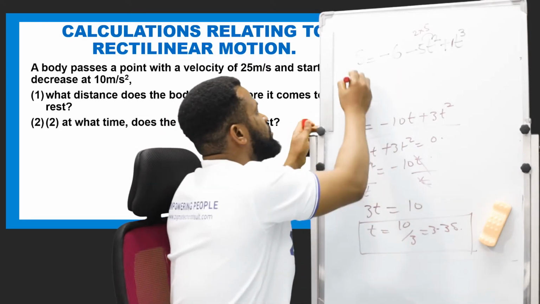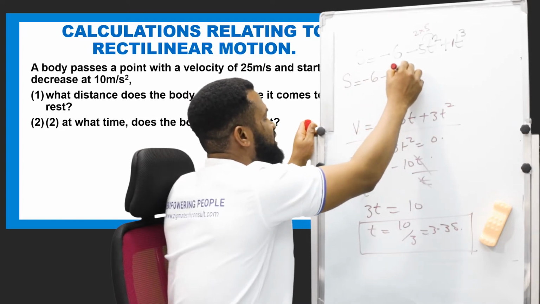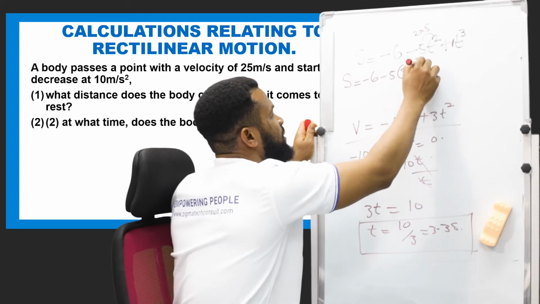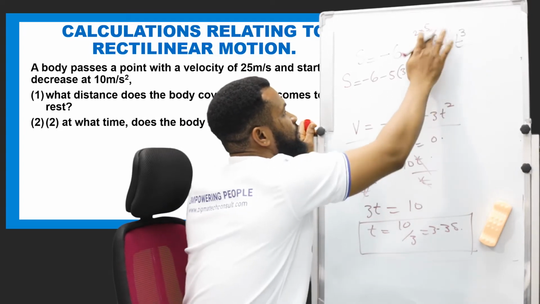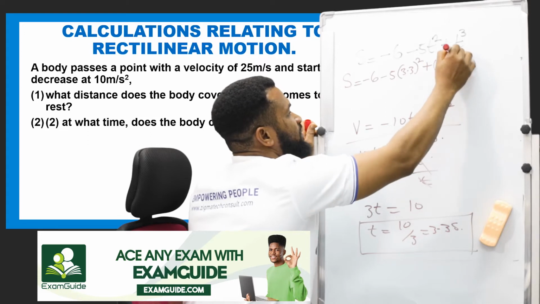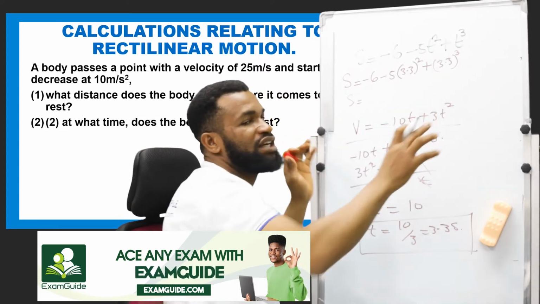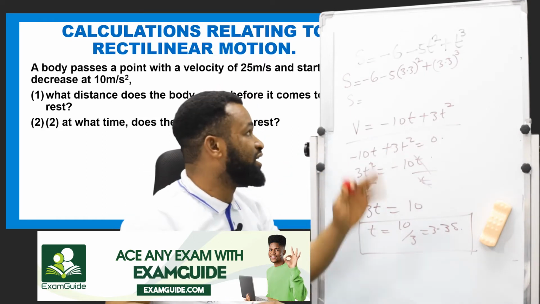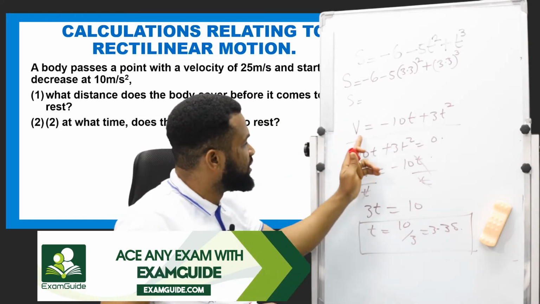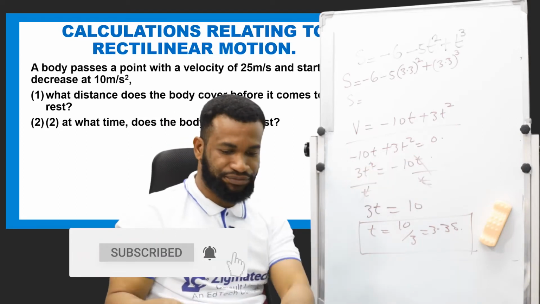So I'm going to have displacement is equal to minus 6 minus 5 bracket 3.3 all squared plus 3.3 all raised to the power 3. So I'm going to use the calculator. Whatever I get by simplifying this, I'm going to record it as my displacement when velocity is 0.